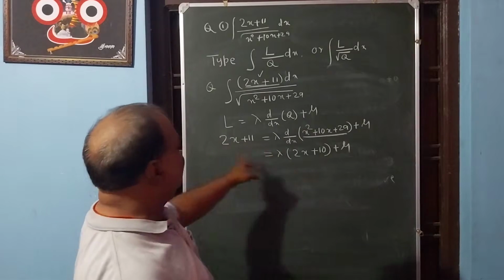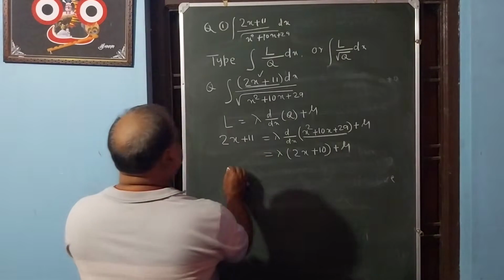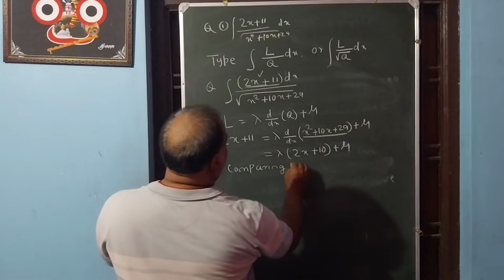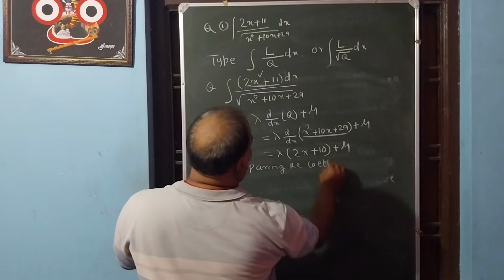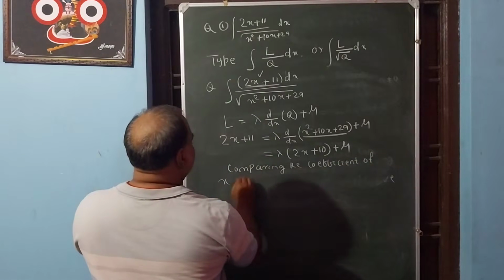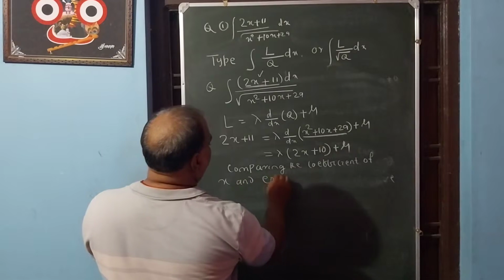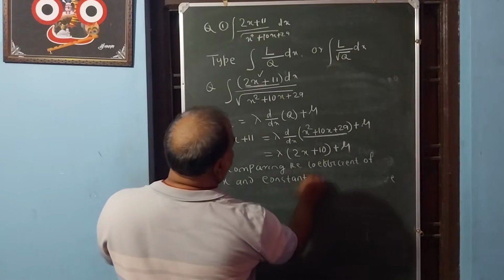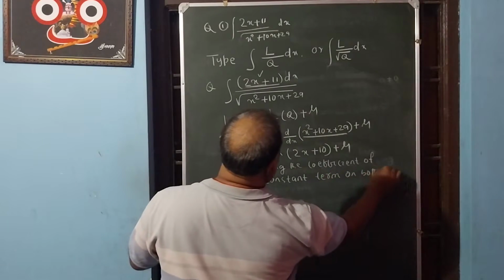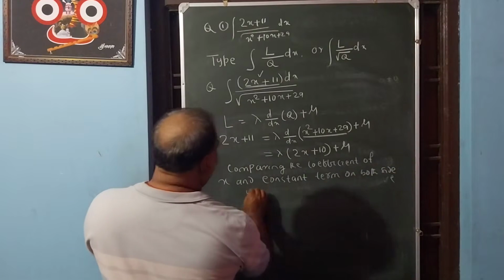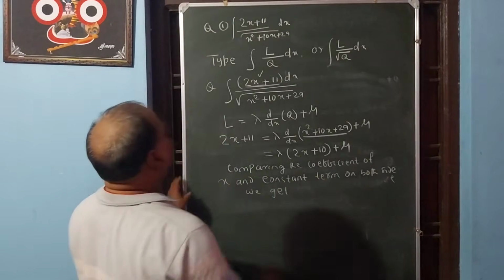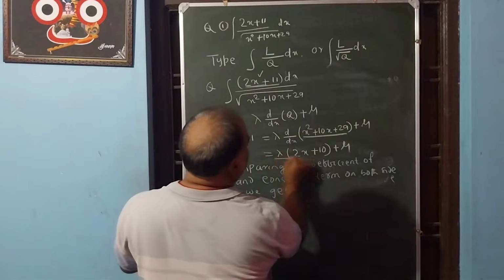Comparing the coefficient of x and the constant term on both sides, we get: here the coefficient of x is 2, and on the other side the coefficient of x is 2 lambda.